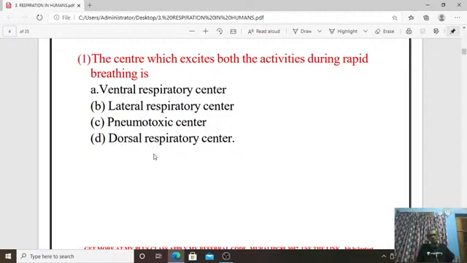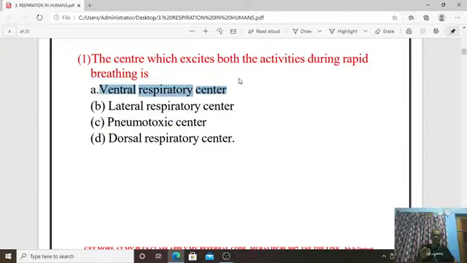In our brain, the respiratory center controls the involuntary functions, that is the rate of respiration. The answer is A, the ventral respiratory center, which excites both the activities during rapid breathing.